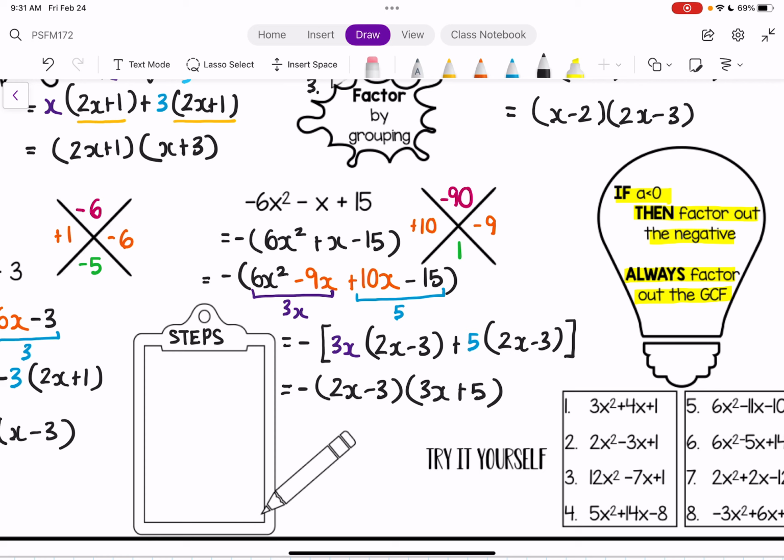So the first step is actually factor out any negatives or GCFs, right? But in general, once we get to the actual quadratic that we want to factor, the first step is going to be complete the X puzzle.